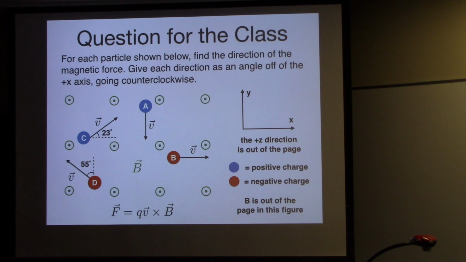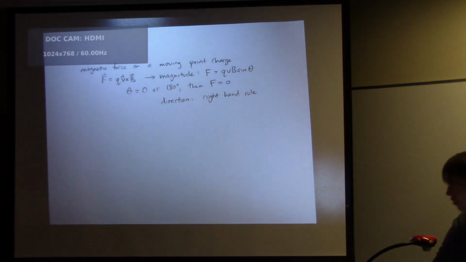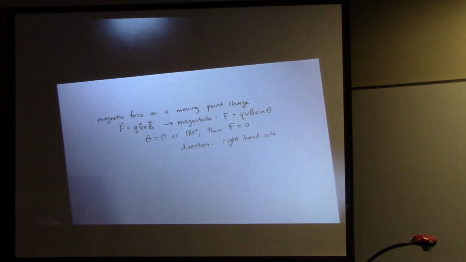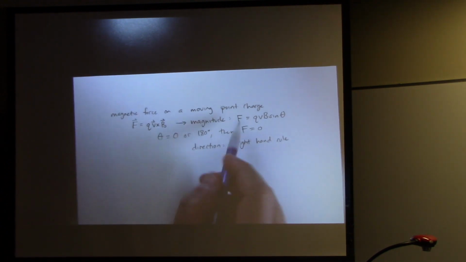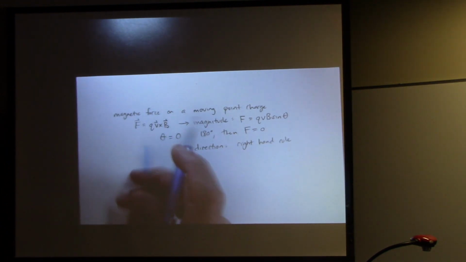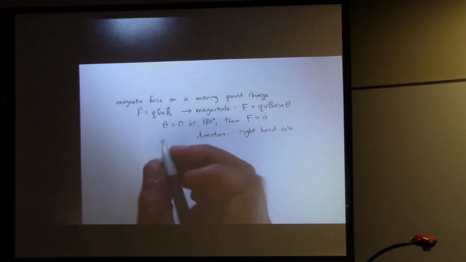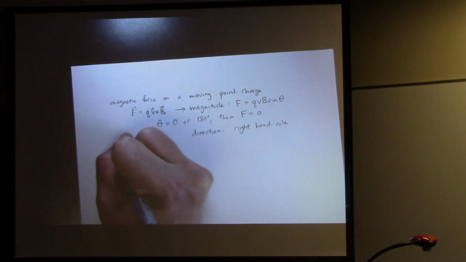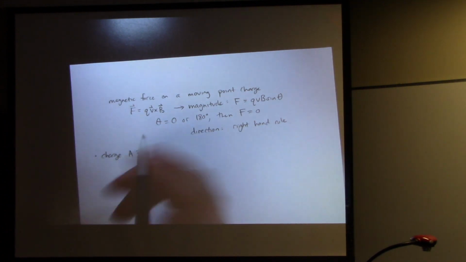Okay, so let's work this out. How about we start with charge A? And actually, all this information I wrote down is still useful, because we can think about the magnetic force in terms of QV cross B, and the direction is going to be given by the right-hand rule. So let's take charge A. In this case, I'm just going to copy down everything we know.